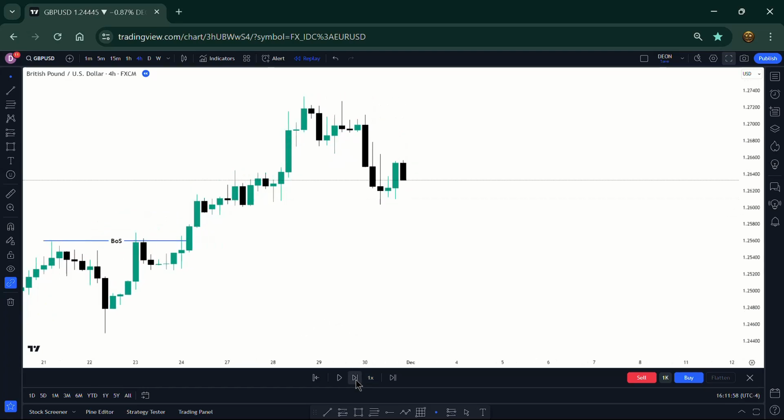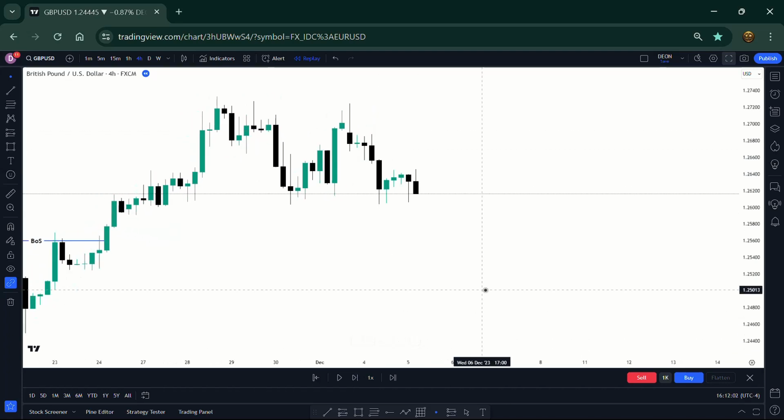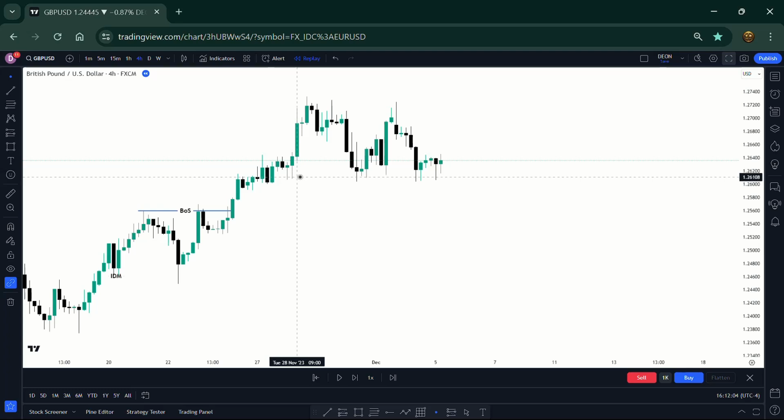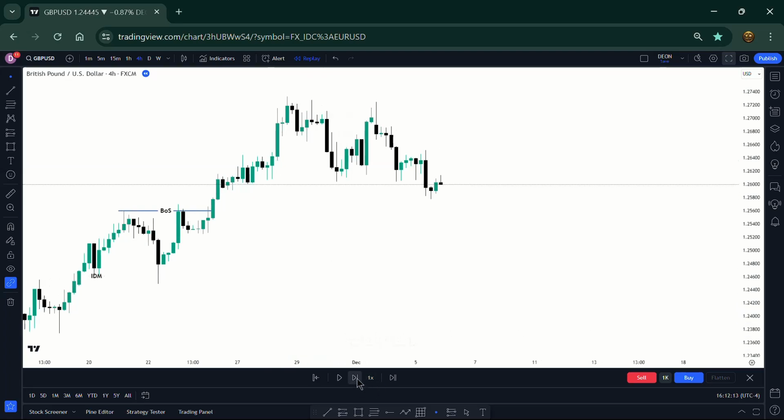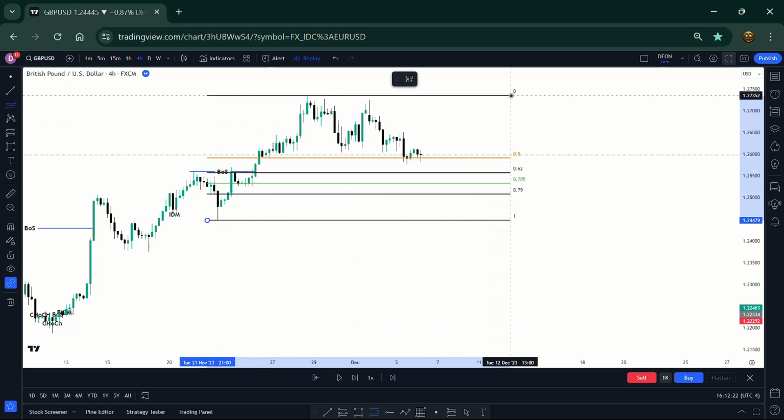Inducement looks like it has, okay, inducement has clearly been taken out there. Let's see. Okay, inducement is here. Now it has been taken out. So from this low, this is where your new low is now, to that high.